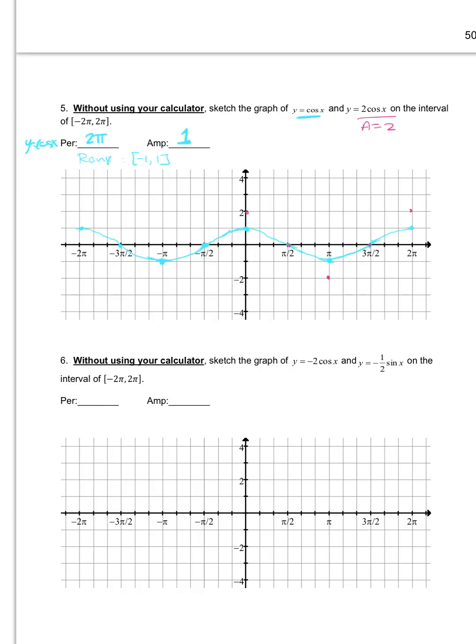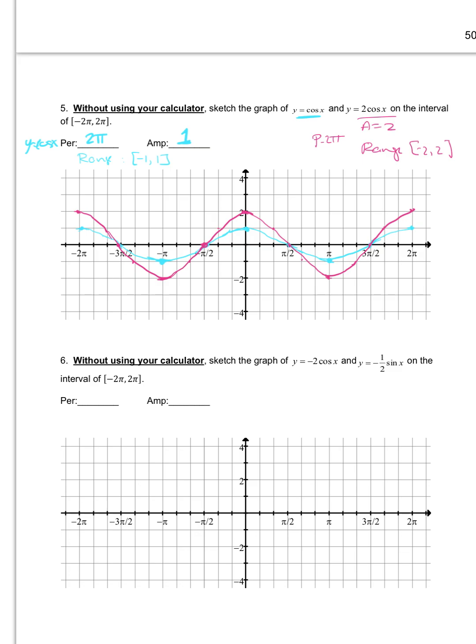Going the other way, we start at the max, then go to the midline, minimum, negative 2, midline, and then max. All right, there's a graph. So the period is still 2 pi, and this time the range is from negative 2 to 2. So it's the max, the minimum, to the max.